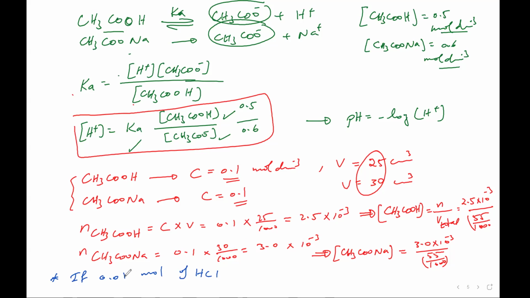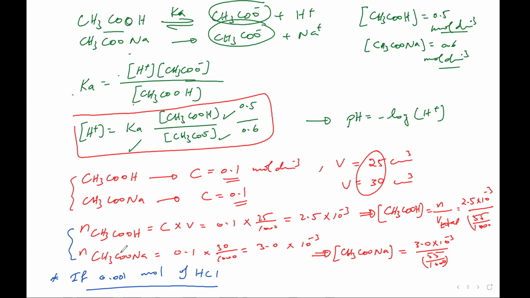So for example, what happens if we add 0.001 mole of hydrochloric acid to this buffer? Then we said that the acid will react with the base, or with the conjugate base.